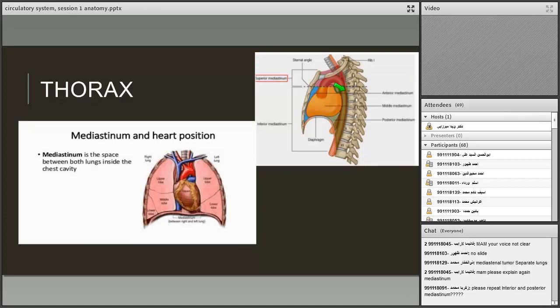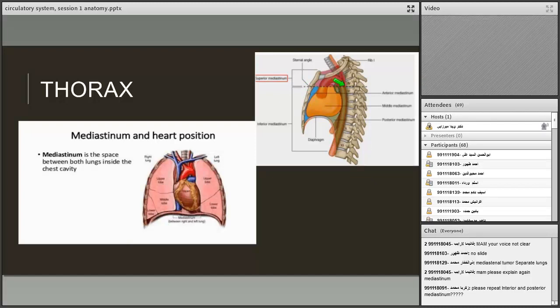Okay, I will explain the mediastinum again. I said we have a sternal angle between the sternal manubrium and body, which is palpable in the body. If we draw a hypothetical line from the sternal angle, it will pass through the intervertebral disc between thoracic vertebrae number 4 and 5.